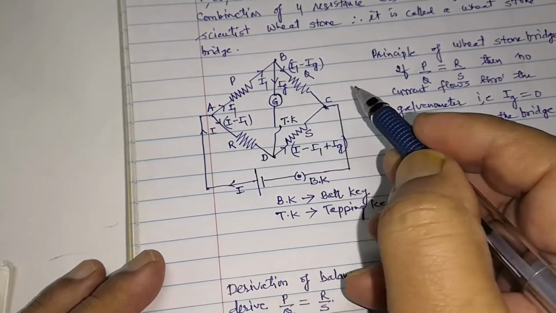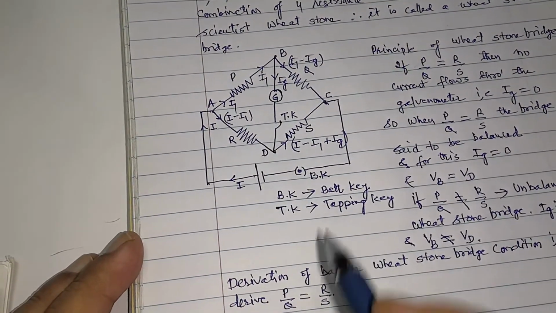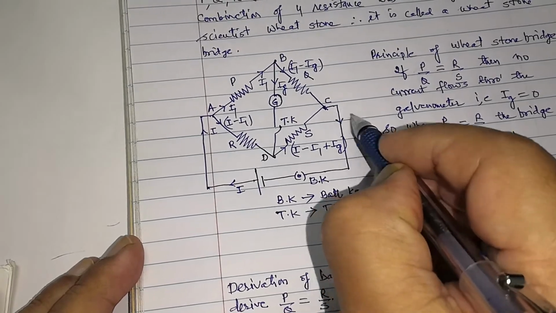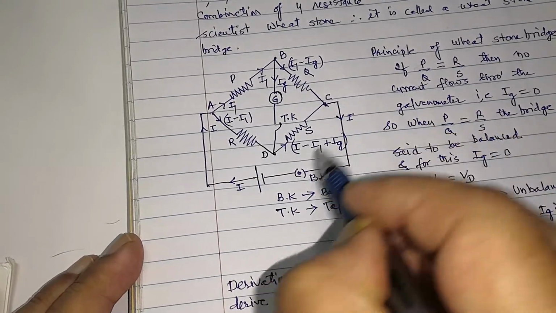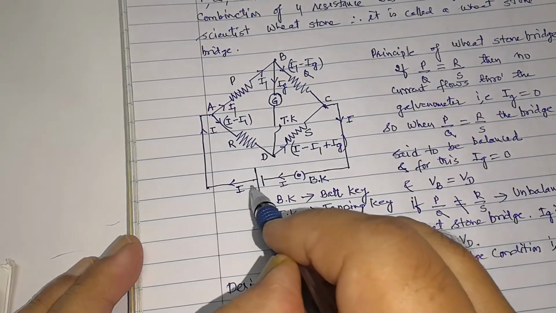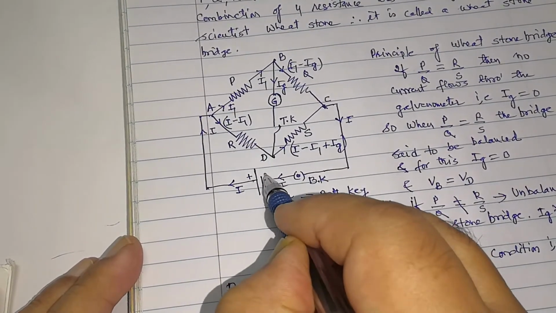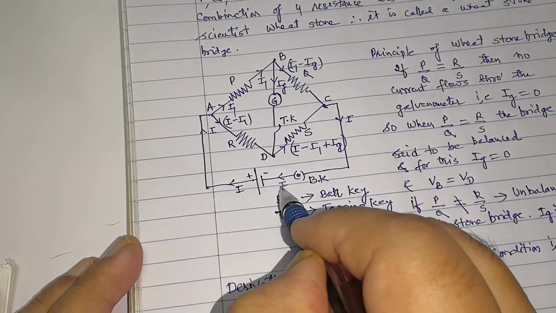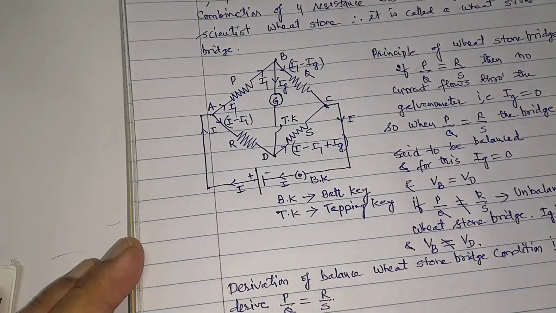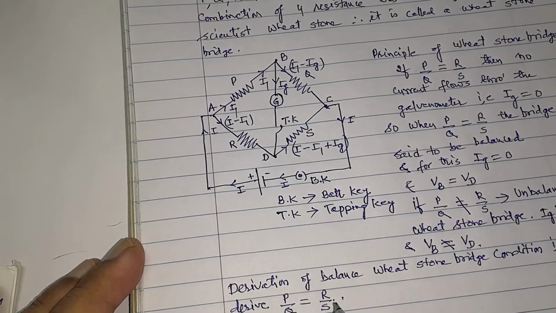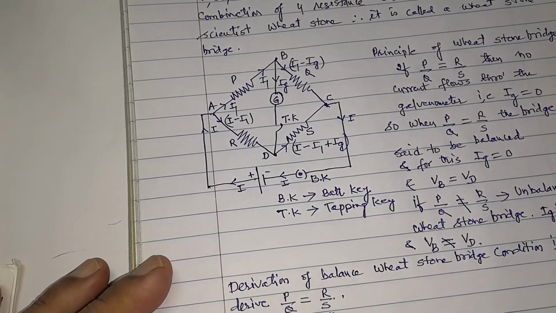Now at the point C, the total current would be I only. So the same current I which is coming out from the positive terminal of the battery is going back to the battery through the negative terminal. So as per Kirchhoff's current law, we have the distribution of current.